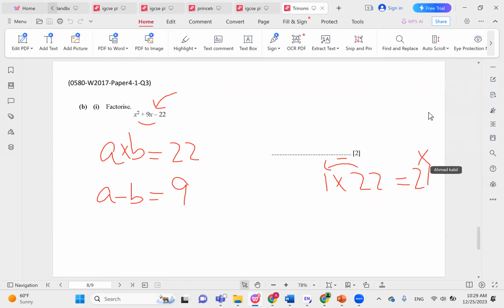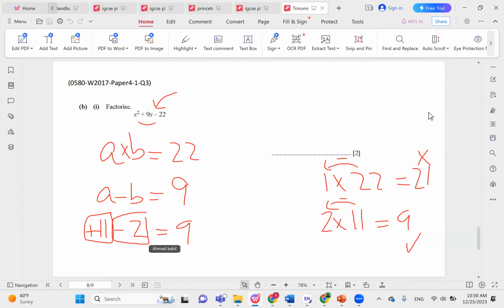So that doesn't work. 2 times 11, the difference is 9. So this does work, and we go for it. So 11 minus 2 equals 9. So we have positive 11 and negative 2. x plus 11, x minus 2 would be the correct answer here.